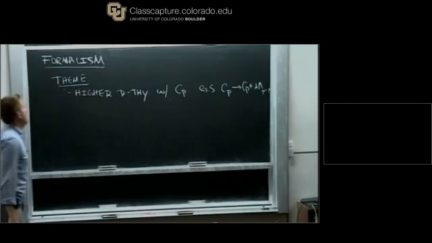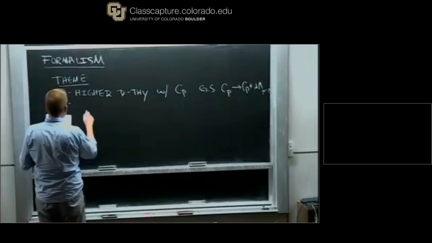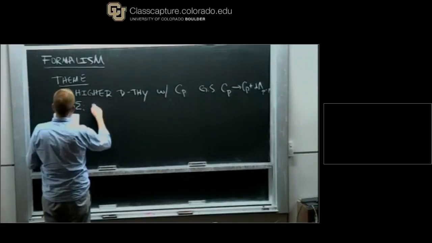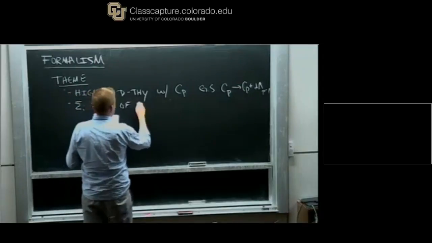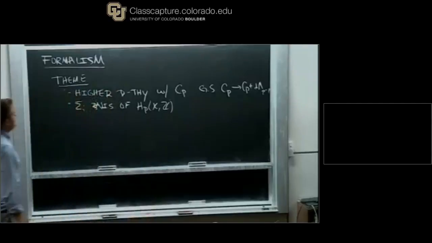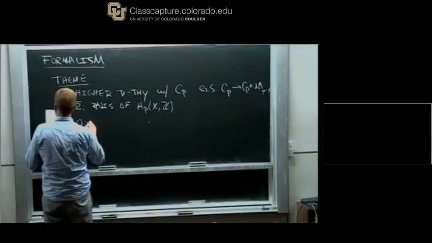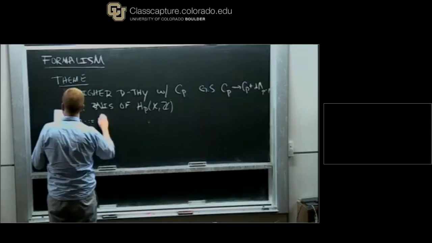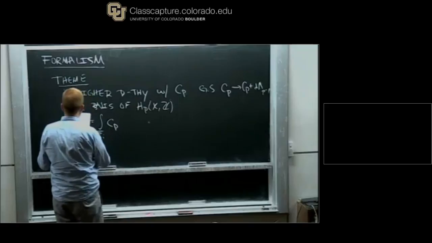Okay. And when you have this higher dimensional theory and you compactify it down to 4 dimensions, of course, these form fields can enter in the low energy theory. So if you take sigma_i, a basis of H_p(X, Z), notice I'm not even talking about which type of string theory or what type of manifold X is necessarily. If you just have a basis, then you can get 0-forms in 4 dimensions, that is, axions with a shift symmetry, from integrating these p-form fields over the sigma_i's.